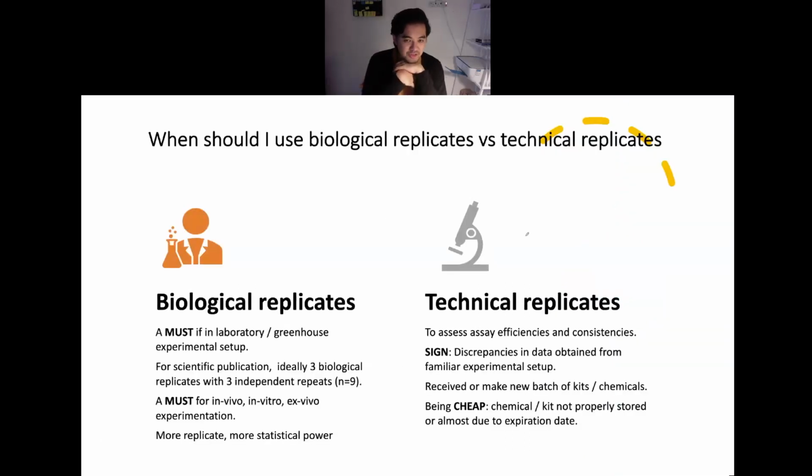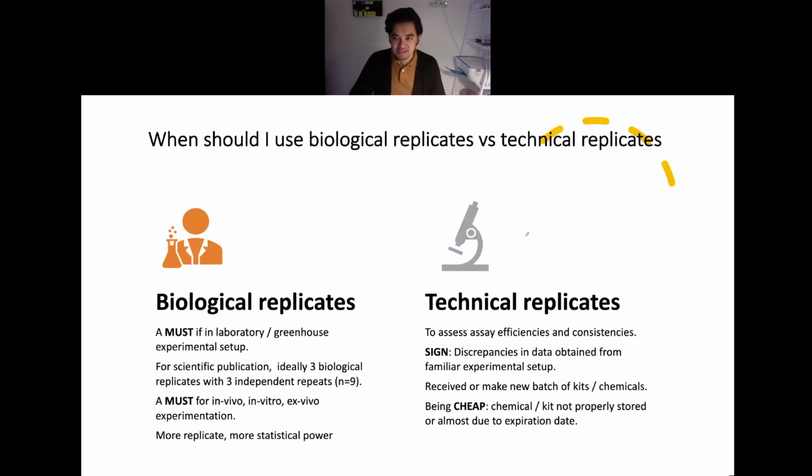So when should you use a biological replicate and when should you use a technical replicate? If you are doing experiments in the lab or in the greenhouse, it is important that you have biological replicates. Ideally, in any scientific publication, not just in your thesis but for publication in a journal, you should have at least 3 replicates and you should always do 3 times repeats.